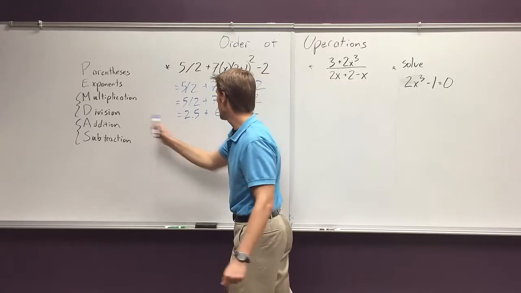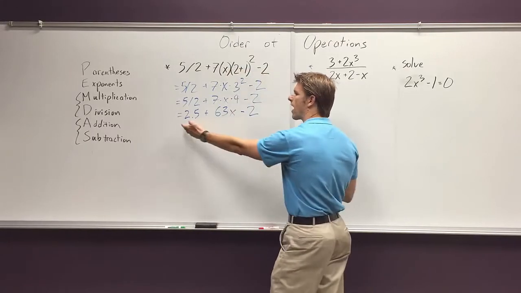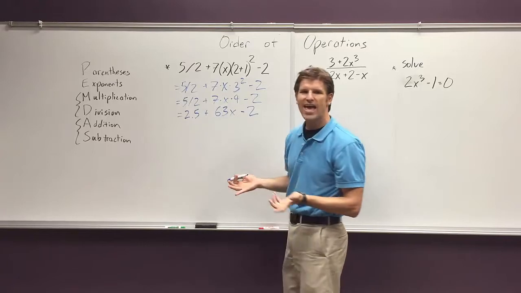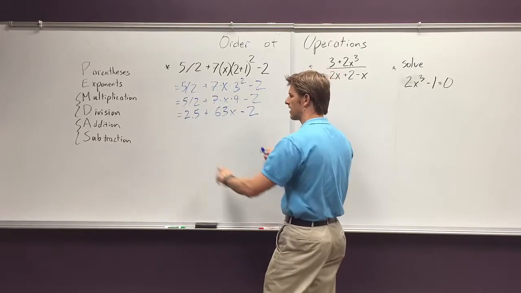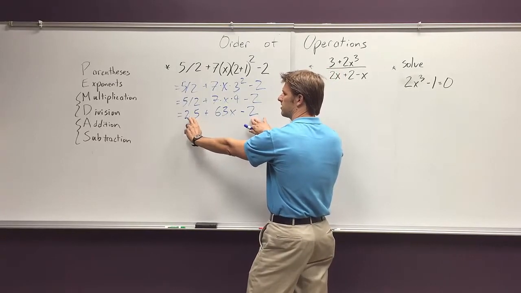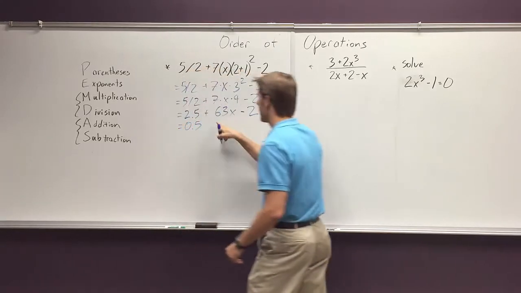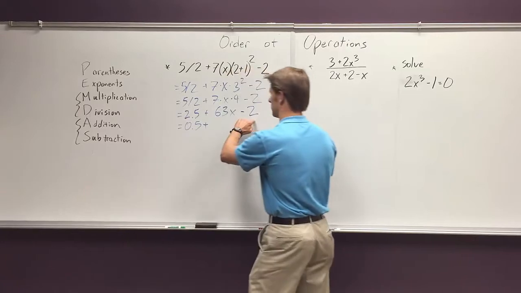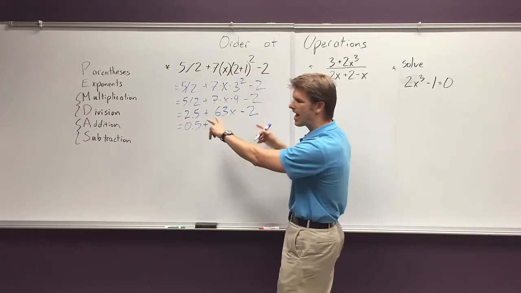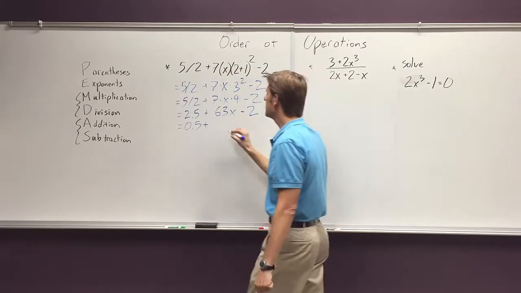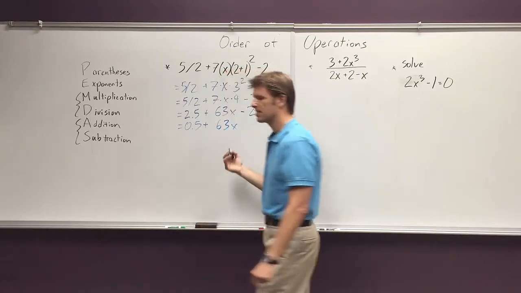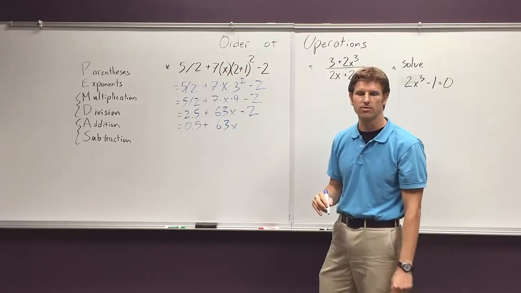Now we're going to add and subtract left to right, and we're going to add like terms and subtract like terms. These don't have any x's in them. 2.5 minus 2 is 0.5, and here I'm actually using some commutativity because you can add and subtract in any order you want. This 63x has to stay put by itself. Those terms can't be combined.